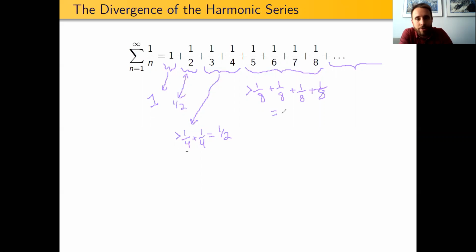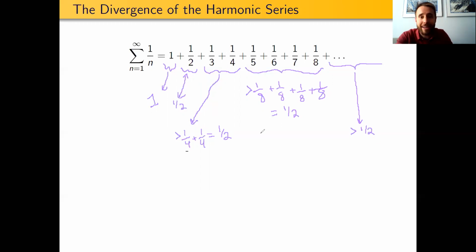And so those 4 terms together will also be bigger than 1/2. Now they're not on the screen, but you can imagine the next 8 terms, each of which will be bigger than or equal to 1/16. And so we'll add up a 16th eight times, and we'll see that that part is also going to be bigger than 1/2.